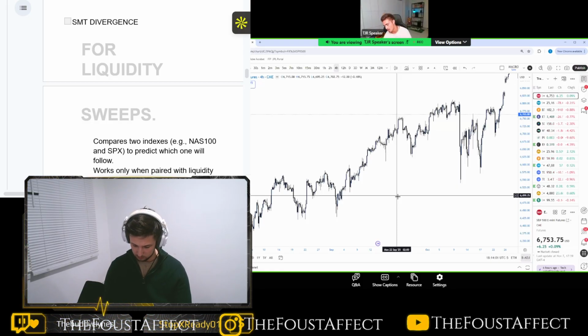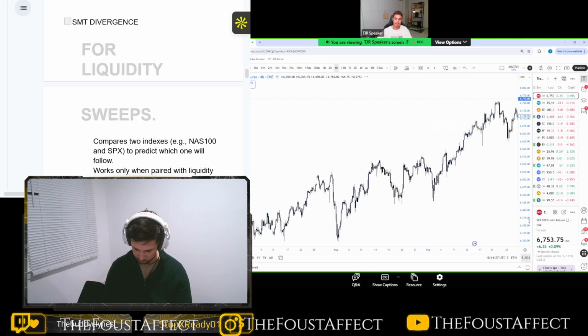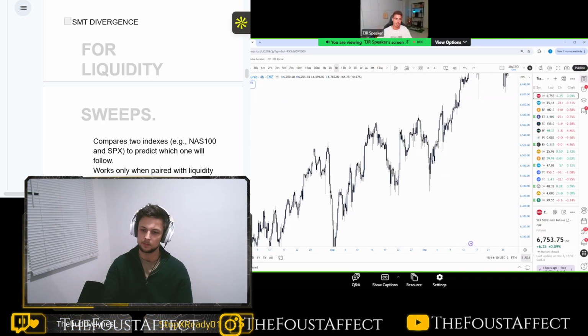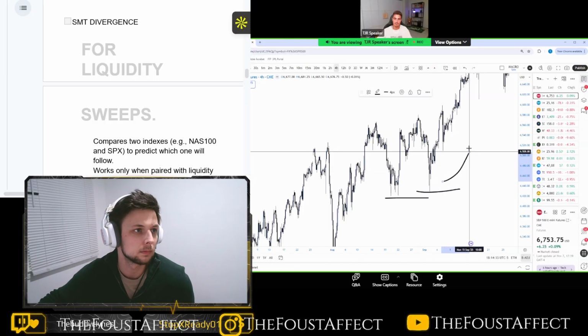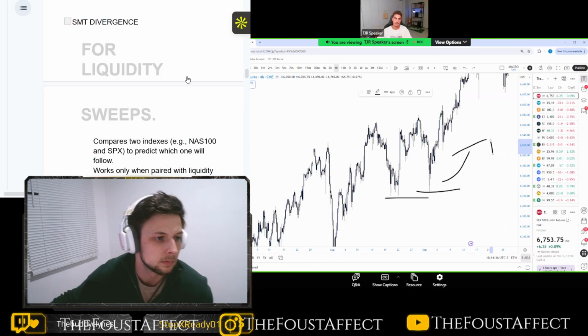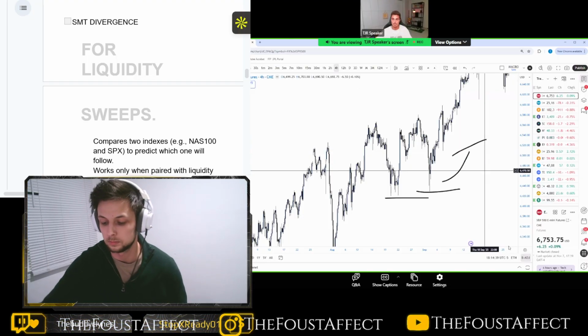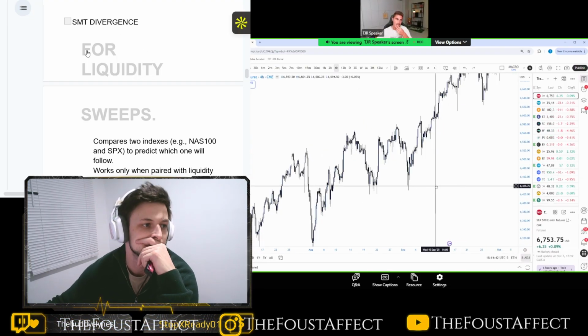When we fully break down our strategy, I'll show you guys in each step of our strategy how and where an SMT divergence is used both as a continuation confluence, but also as a confirmation confluence, because it can show the continuation of the current trend that we're in, but also, in the example that we showed right here, it can mark the bottom and the reversal of a trend.